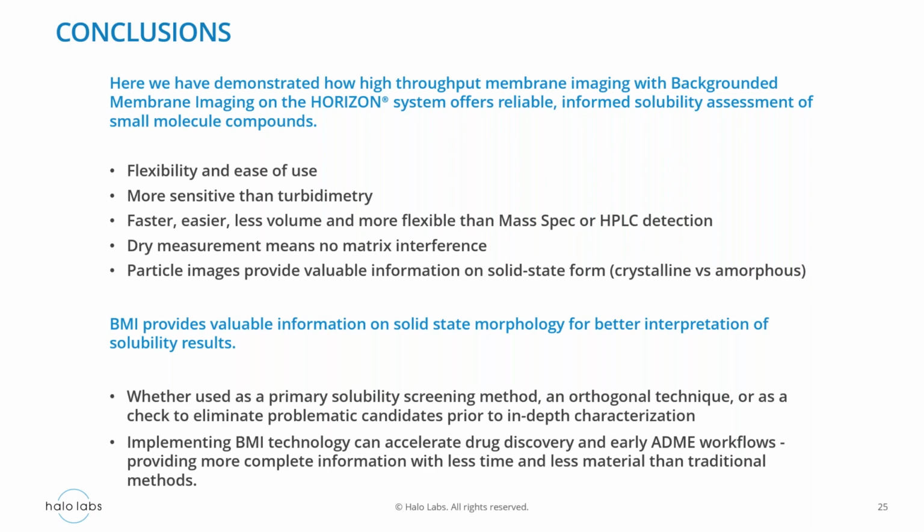And this certainly can be implemented in any BMI technology or early ADME workflows. And it's certainly a step up in the laboratory analysis and automation technology to be able to discriminate what exactly is going on among all these chemicals you are testing.